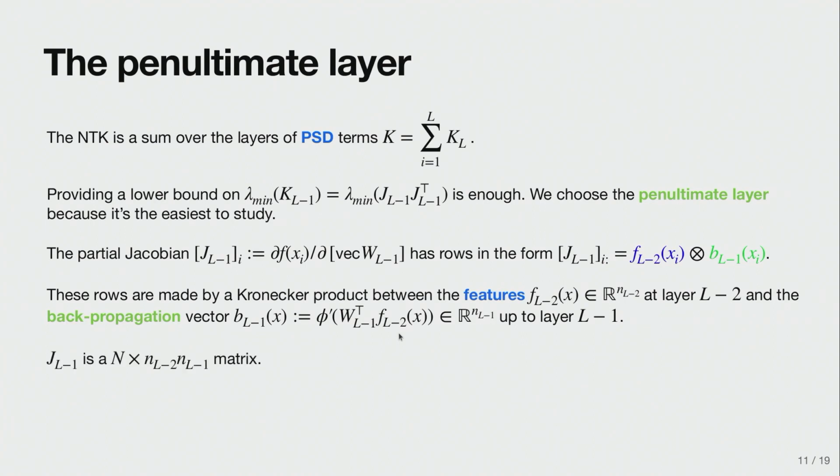Of course, if we work only on the penultimate layer, to have smallest eigenvalue larger than 0, we need the number of parameters in this matrix, which is n times n, to be larger than n. Otherwise, we're screwed, because we wouldn't have a full rank matrix in this penultimate layer.